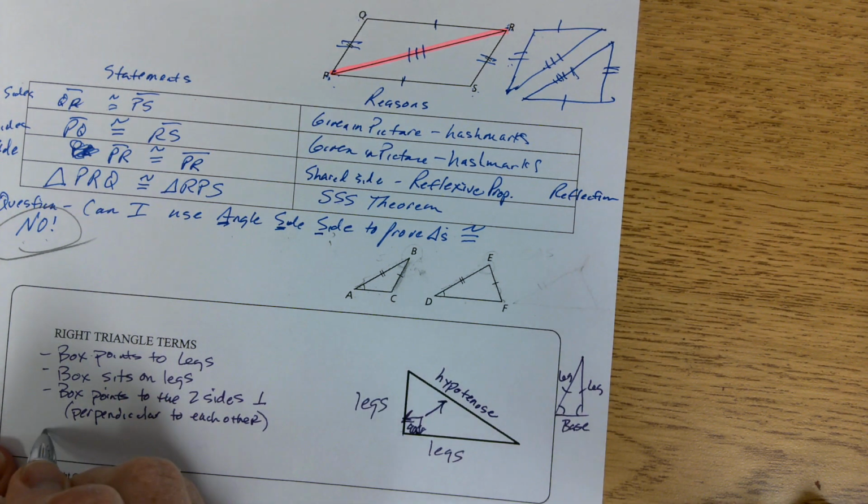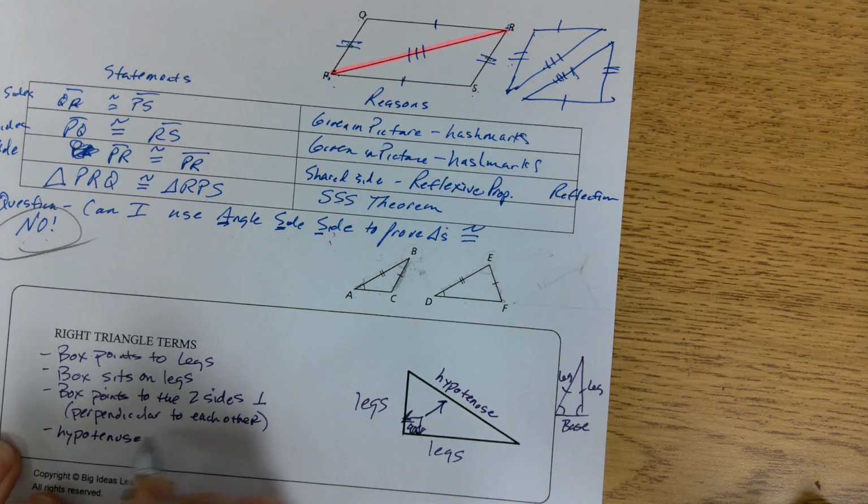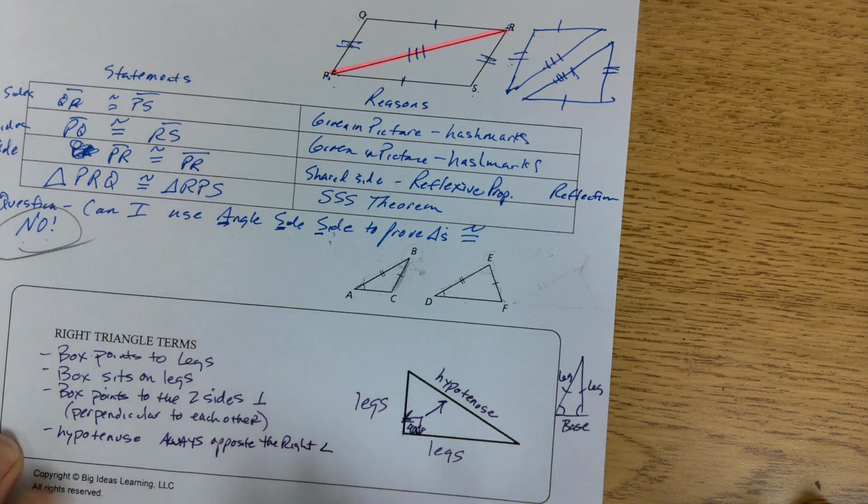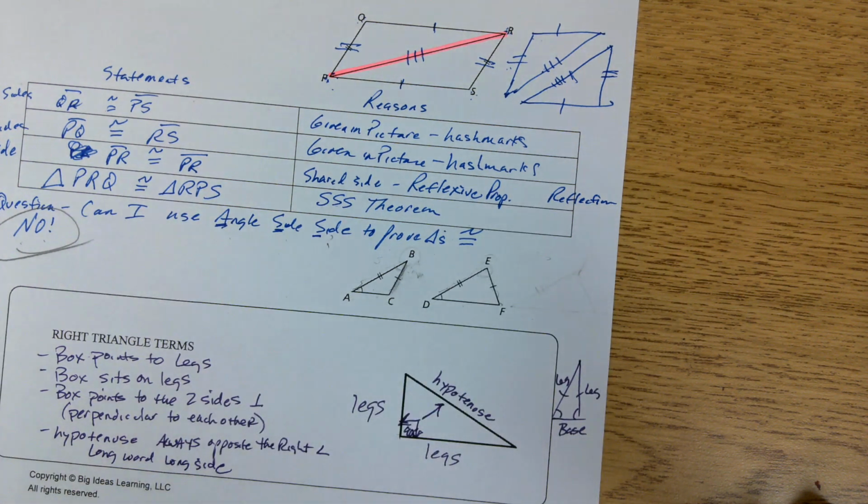So the hypotenuse is always opposite the right angle. Long word, long side. You are just going to need to use those words later, so that's why I wrote them. Okay, we're almost there.